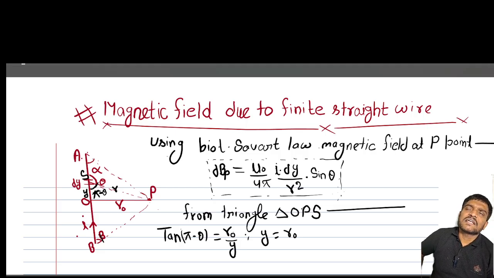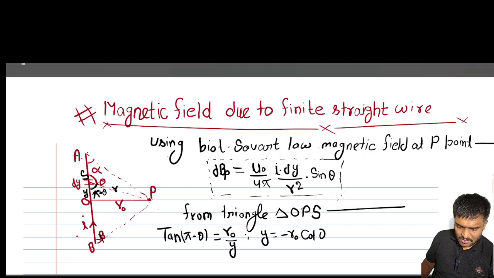Tan is in the second quadrant, and in the second quadrant the value of tan is negative, so we will put minus tan theta. Taking it to the denominator, we write minus r naught, so y is equal to minus r naught cot theta.